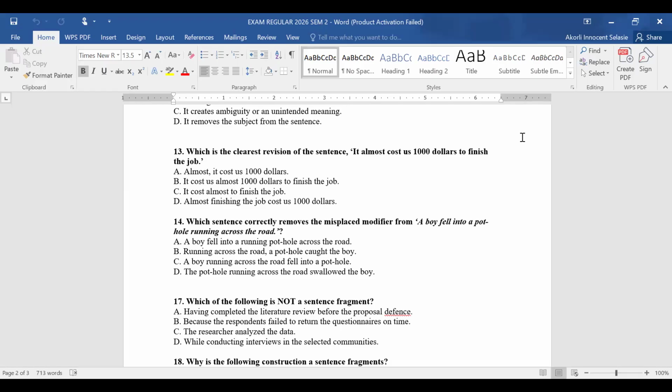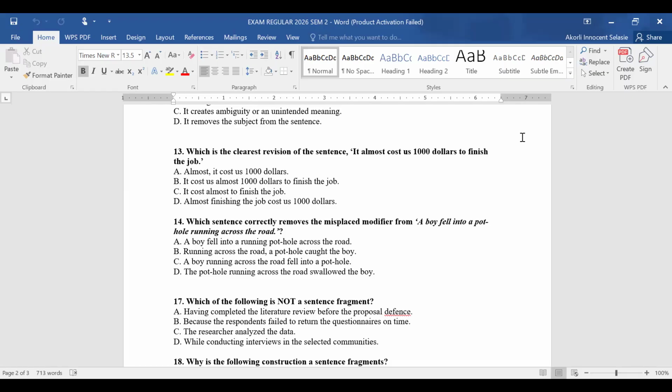Which sentence correctly removes the misplaced modifier from "A boy fell into a pothole running across the road"? A. A boy fell into a running pothole across the road. B. Running across the road, a pothole caught the boy. C. A boy running across the road fell into a pothole.